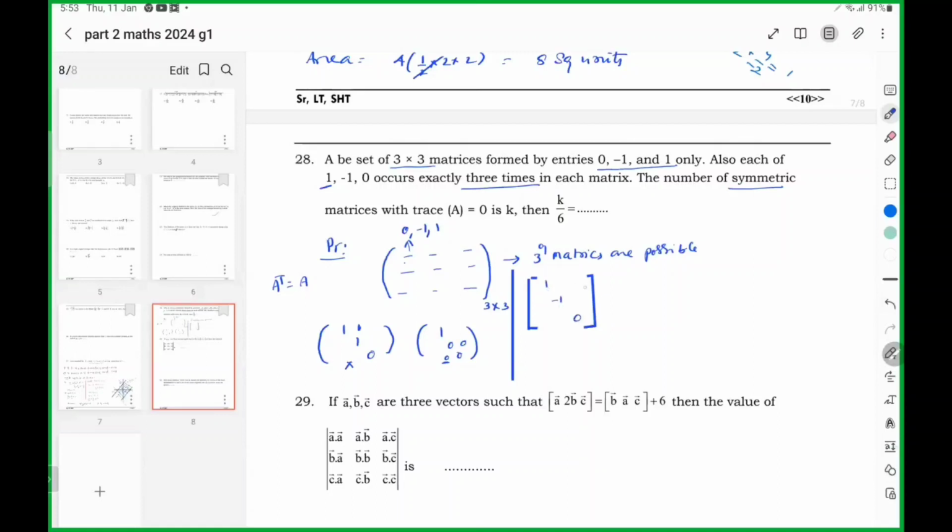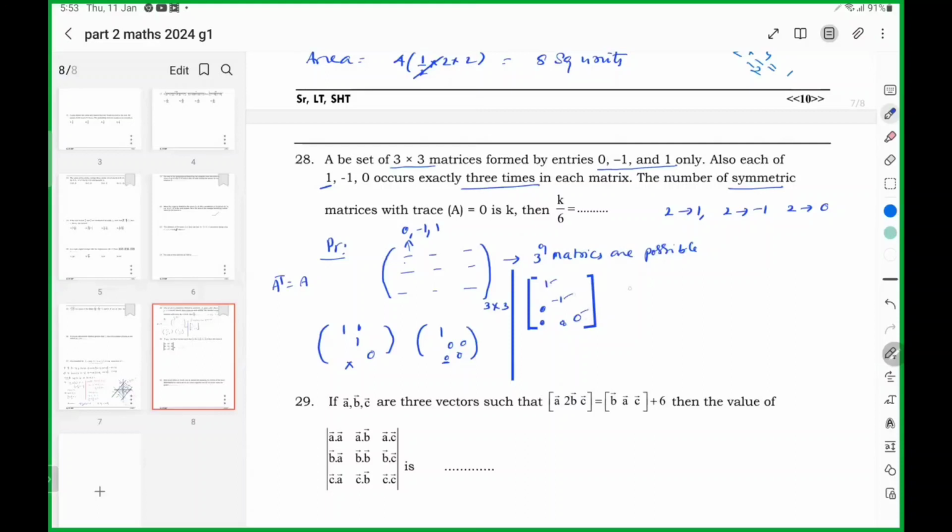if diagonal is filled with 1, minus 1, 0. Now how many ones are left over? 2 ones are left over. 2 minus ones are left over. 2 zeros are left over evenly. To have a symmetric matrix, it is enough to choose 3 places. Once you choose these places, obviously the other 3 places are fixed because A is same as A transpose.